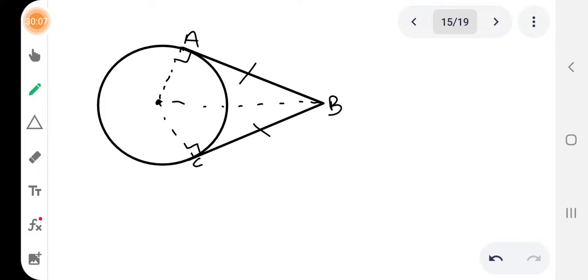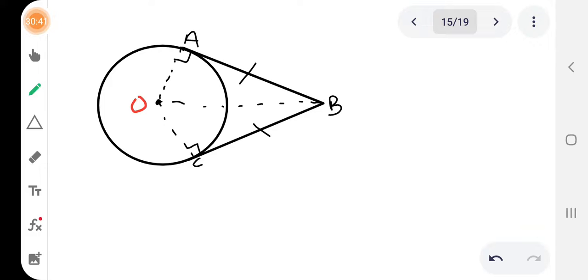This one simply says tangents from the same point. If we're having tangents from the same point, which are AB and CB, therefore the two triangles are congruent. So simply, we construct, let's take this, AO is a radius, and OC or CO is also a radius.